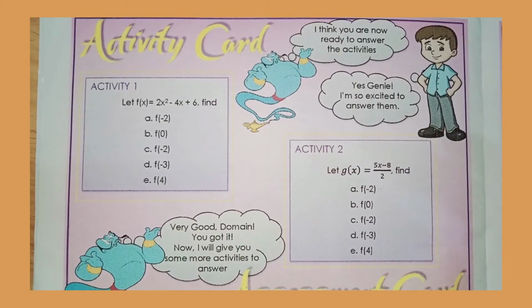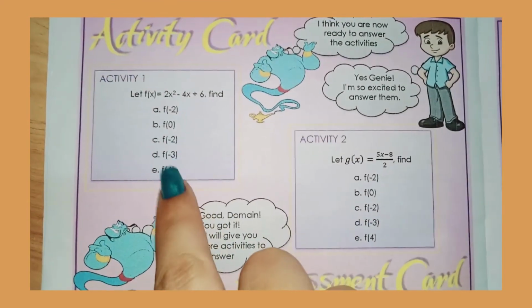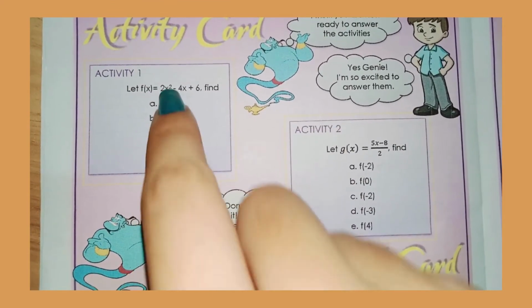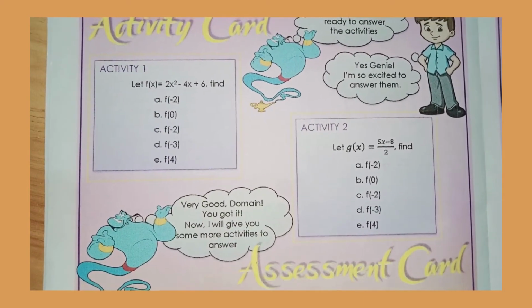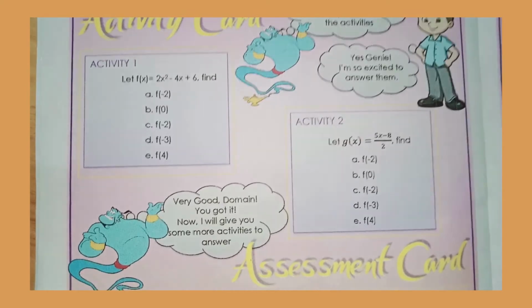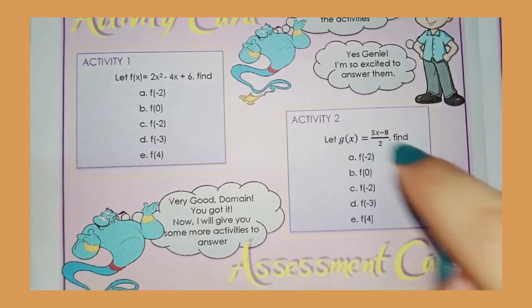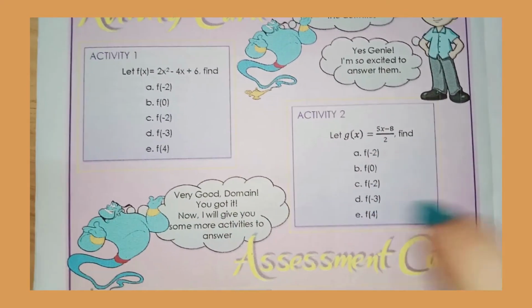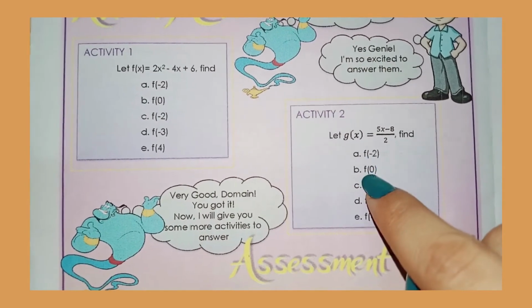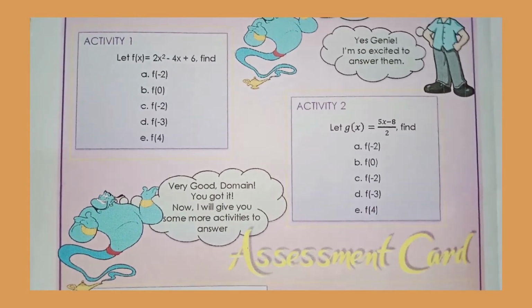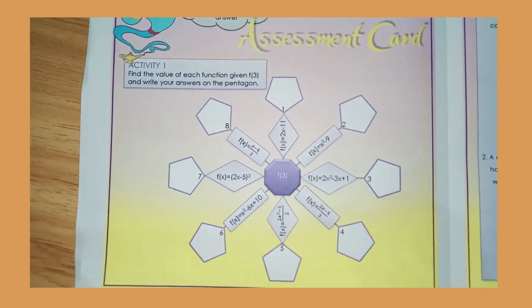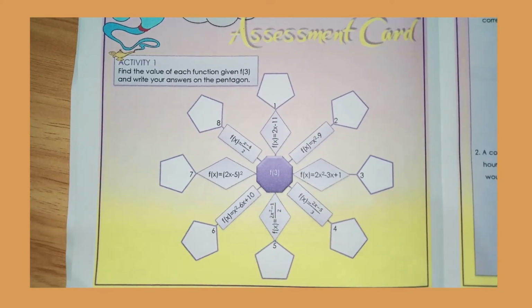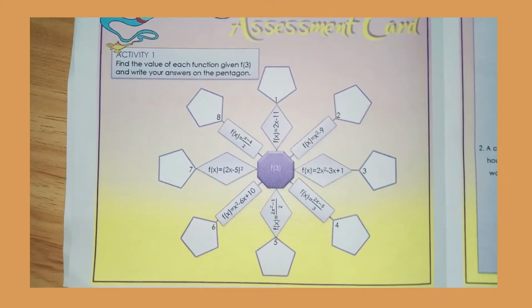For your activity card, activity number 1, so lahat ito isusulat and then kailangan ipakita yung solution. Same with activity number 2, lahat ito isusulat and then every letter meron tig-iisang solution. For assessment card, activity number 1, you need to copy all. Same with the given figure, kailangan kopyahin lahat.